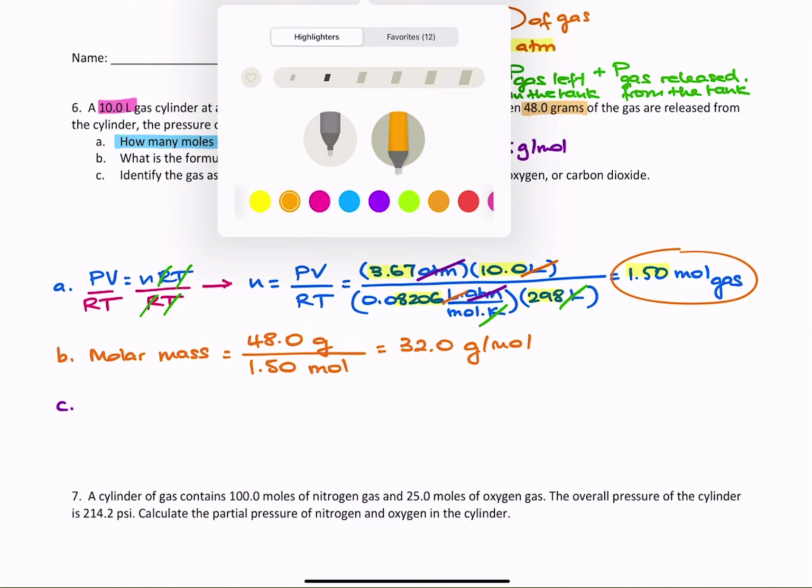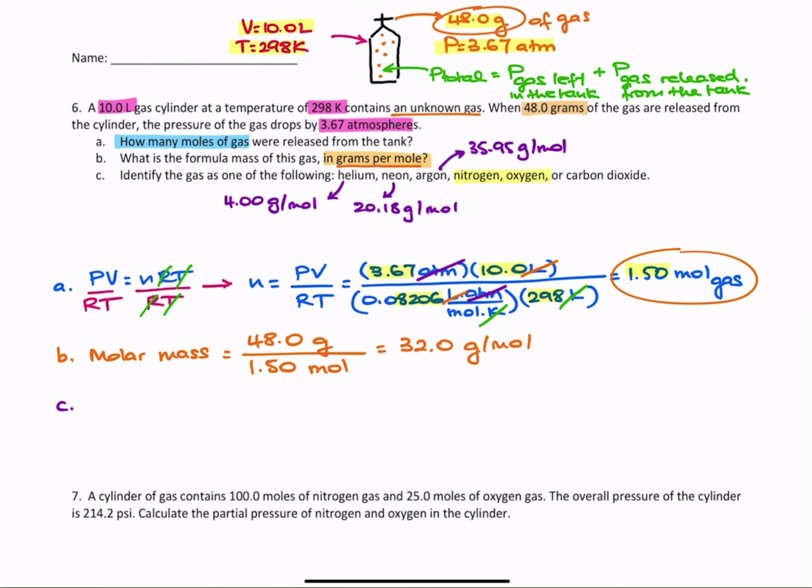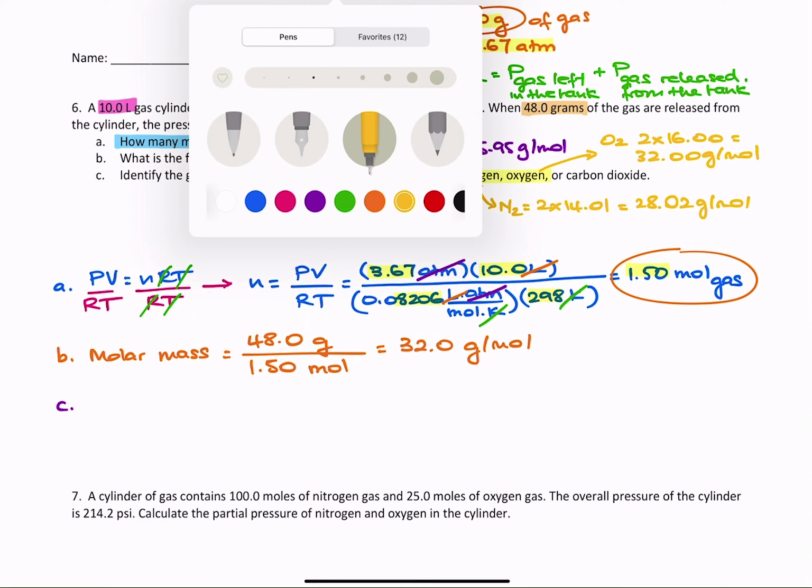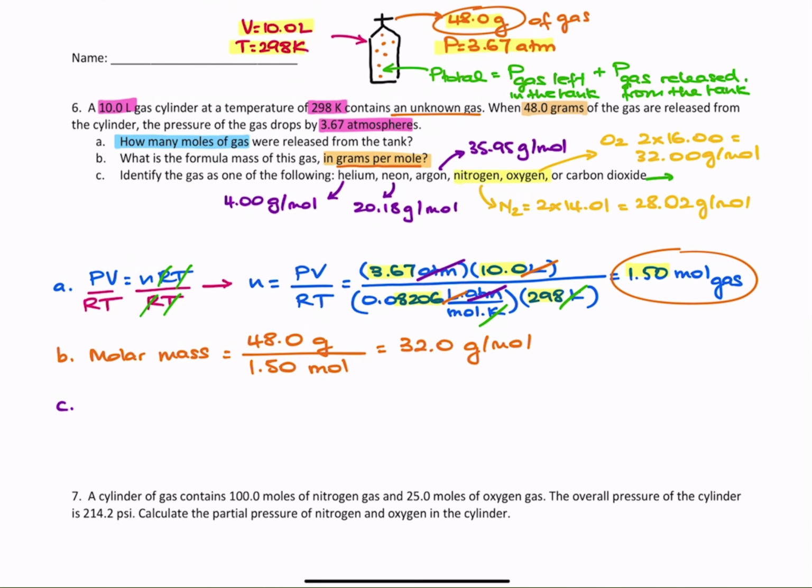Now be very careful with these two here, because nitrogen is N2, so it's 2 times 14.01, 28.02 gram per mole. Oxygen O2, 2 times 16.00, 32.00 gram per mole. And then for the sake of it, carbon dioxide, 12.01 plus 2 times 16, 44.01 gram per mole.